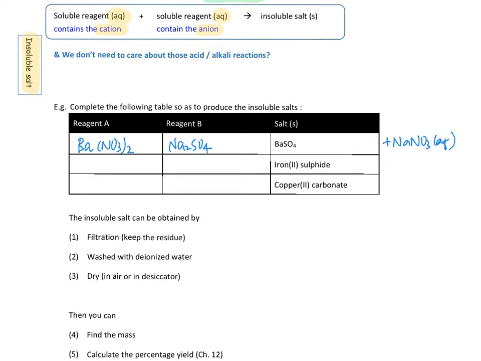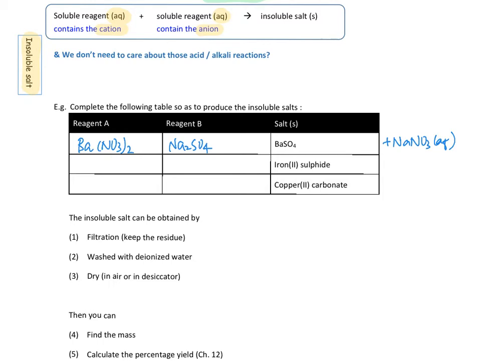The second salt is iron(II) sulfide. When you were in Form 3, you learned that when iron powder is heated with sulfur powder, a brown solid, iron(II) sulfide, is formed.